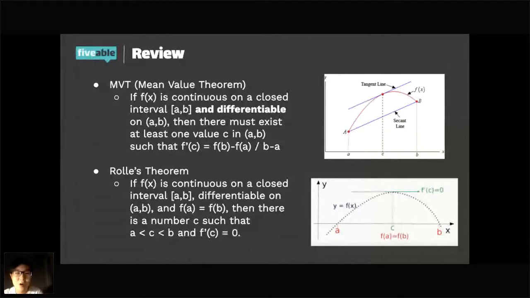So basically, all MVT says is that if we go from A to B, there's going to be some value C where the tangent line, or slope, at that point is the same as the secant line here.